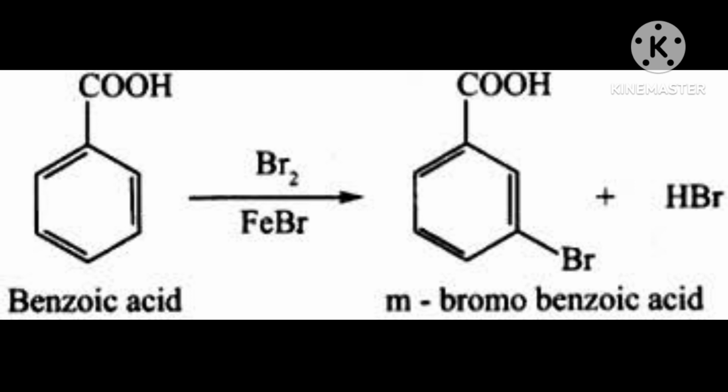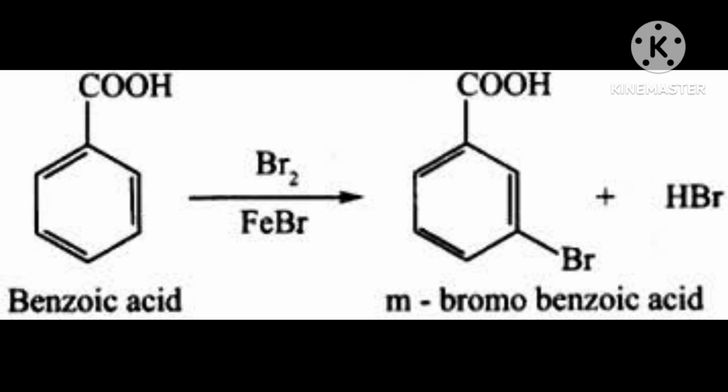The main use I told you. Methanoic acid, that is formic acid, only one carbon, HCOOH, is used in rubber industries, textile industries, dyeing industries, leather industries, and in electroplating industries.